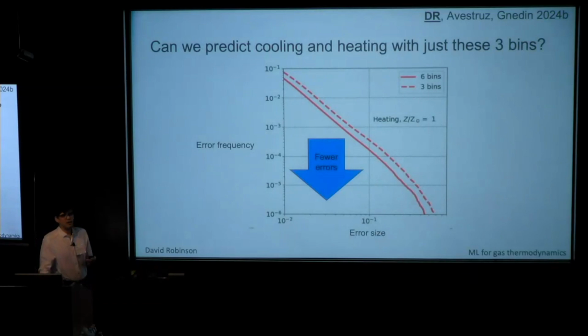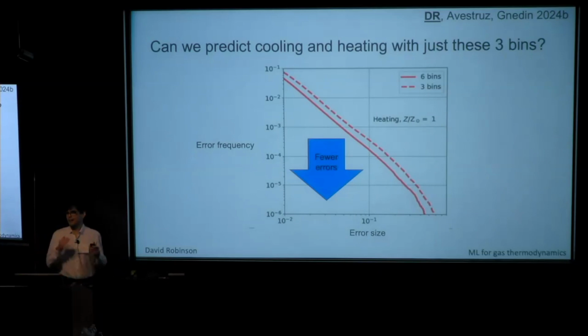The model that sees all 6 bins is shown in the solid red line, and the model that sees only the 3 bins identified as most important is shown in the dashed red line. This is specifically for interpolating the heating function at solar metallicity, but in every case we consider, this looks pretty similar. The performance of the 6-bin model is a little bit better, which we should expect.